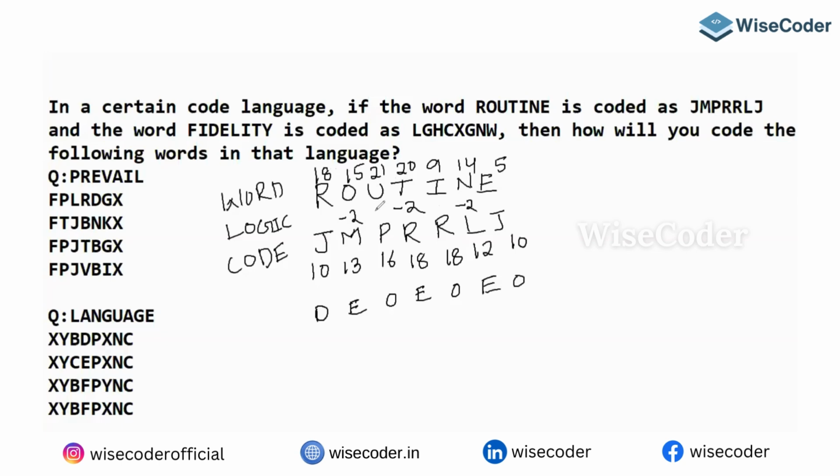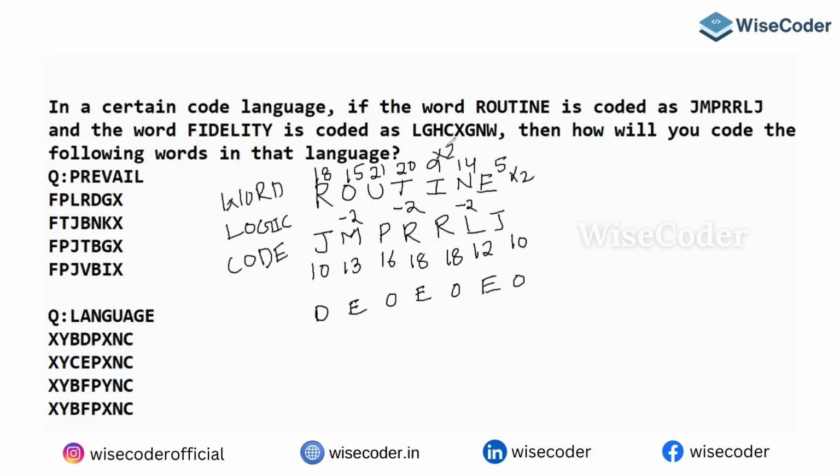The next odd position is -5. Next it increased to 18, next also increased to 10. So this is not a fixed difference. But if you closely look at the last one, 5 and 10, so 5 twos are 10.